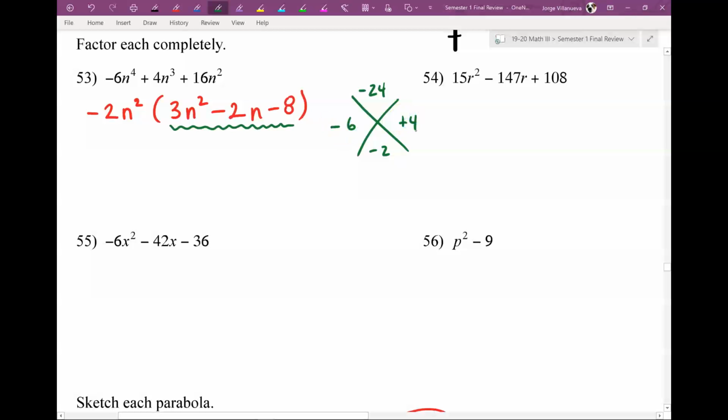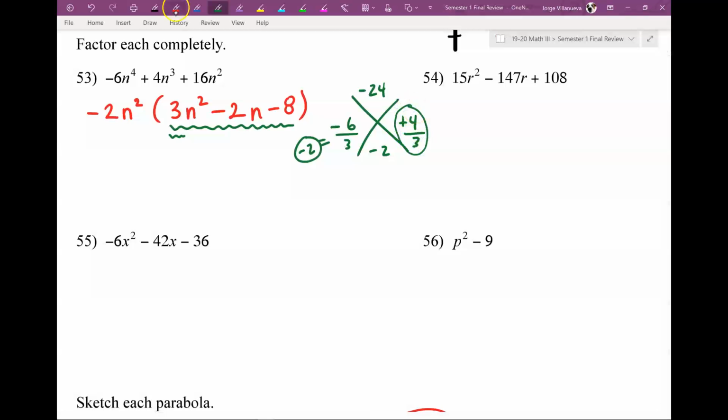But notice I have to divide by 3. That 3 makes me divide. So let me divide by 3. This gives me a negative 2. And if I divide that by 3, well, I can't do anything with it. So there you go. Those are my two factors.